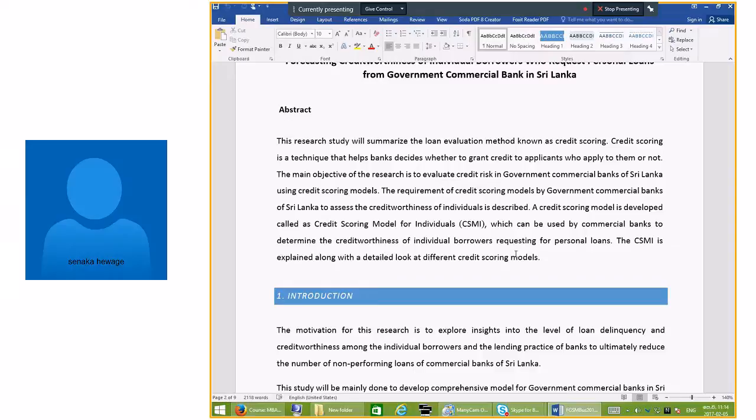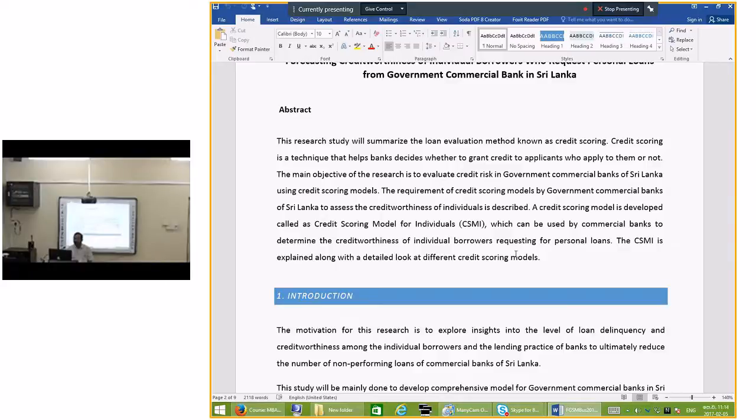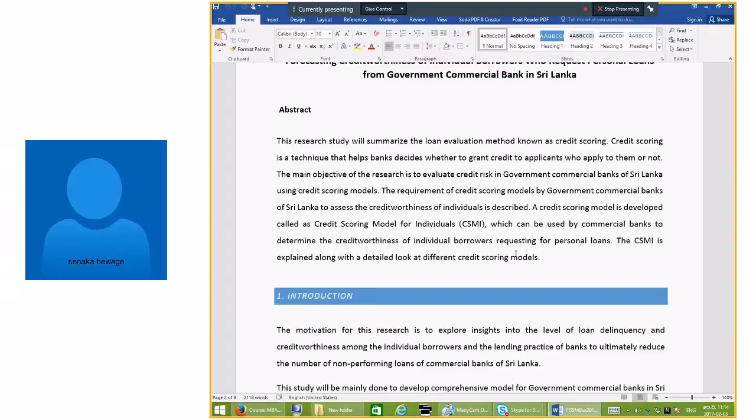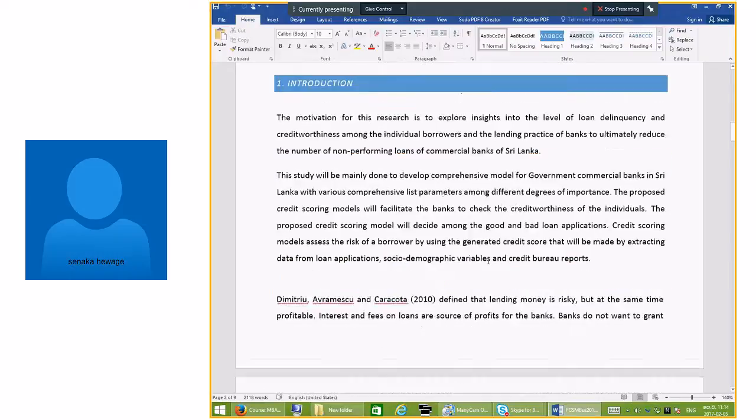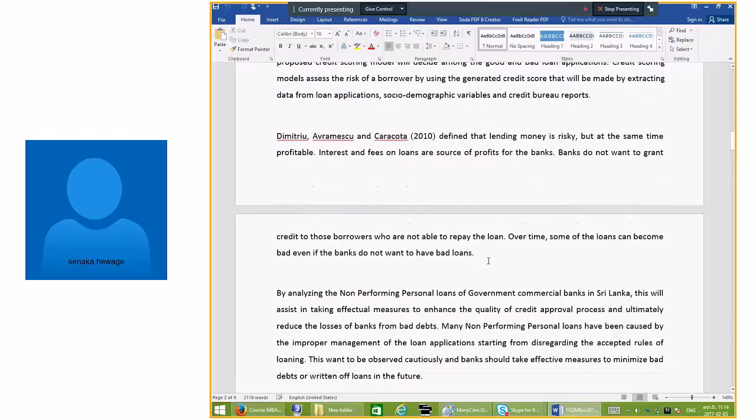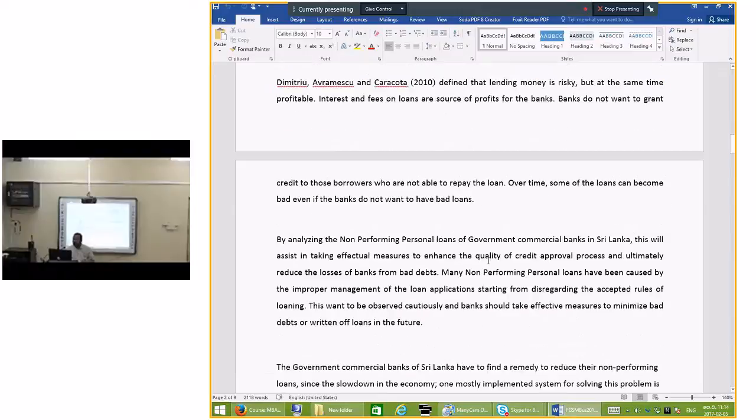I think, sir, it needs to be further improved. Yeah, but you cannot say that you think. Do you have any evidence that it is wrong? Sir, my perception is that there is an increasing trend in the non-performing loans in personal loans. Very good point. Then you have to produce information saying that non-performing personal loans are very high.